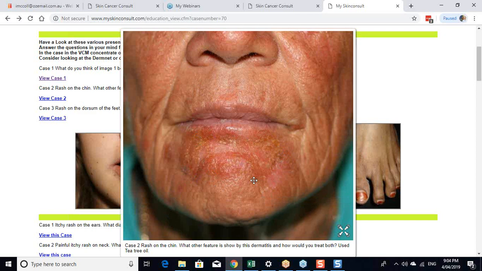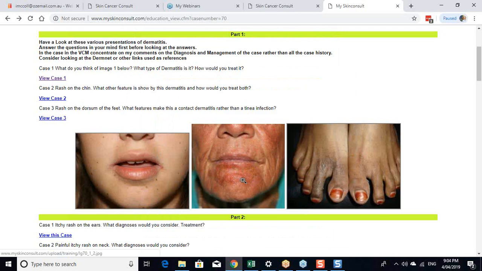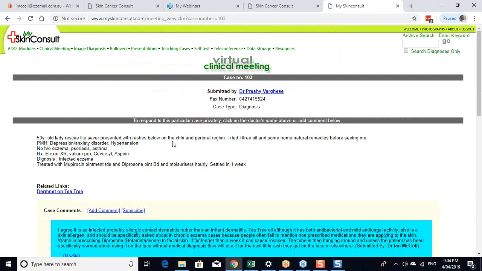This patient had used a bit of tea tree oil, so let me just have a quick look at the case and we'll see what the story was. She had tried tea tree oil, some home remedies. So the diagnosis was infected eczema treated with mupirocin. The Diprazone, I wouldn't have necessarily used in that particular case unless it was only for a very short time and the patient understood that.